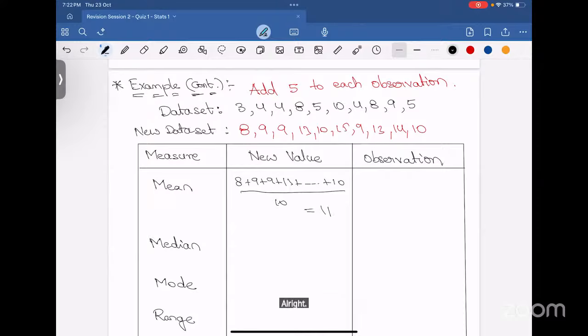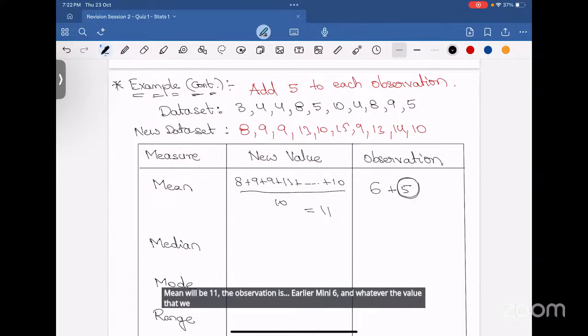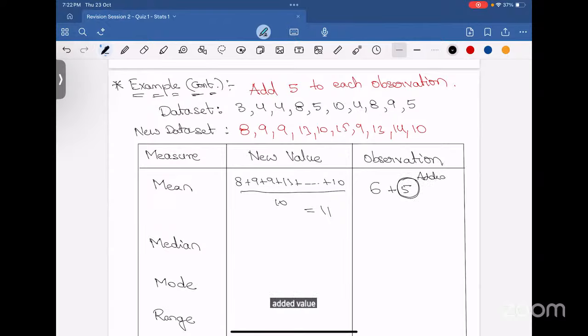The earlier mean was 6, and whatever value we add, the mean will shift by that much. Here we added 5, so the mean will increase by 5.